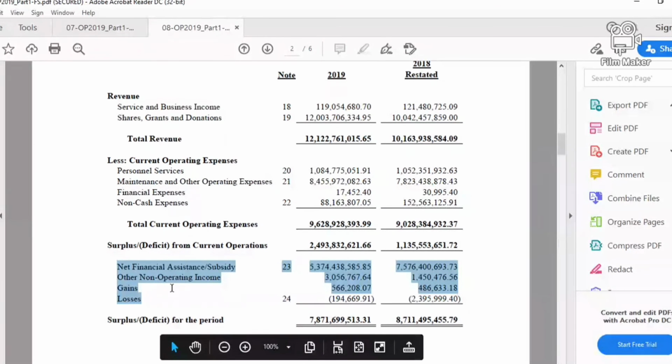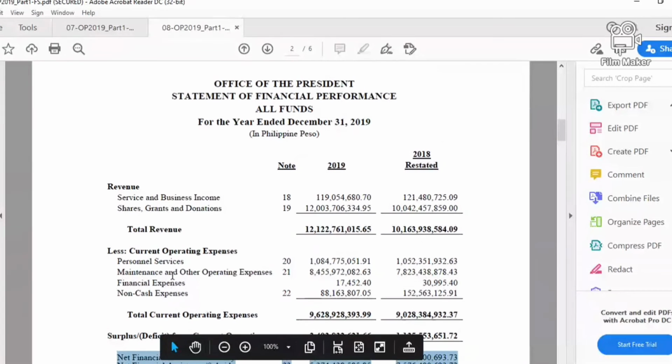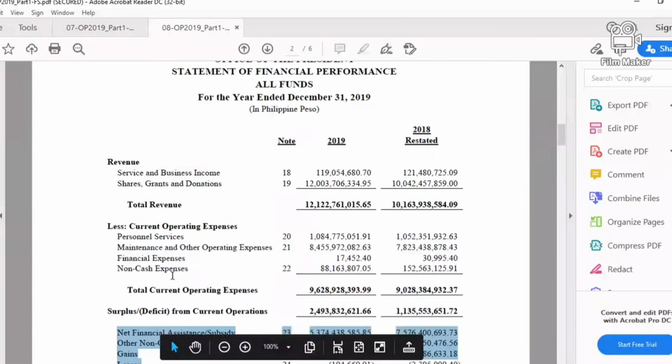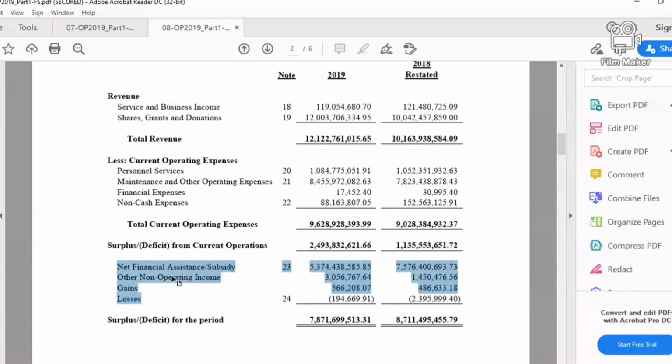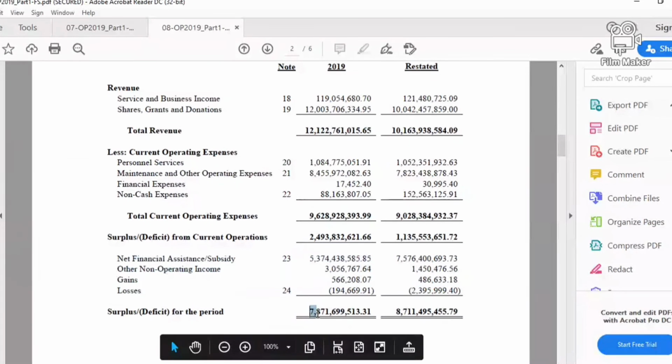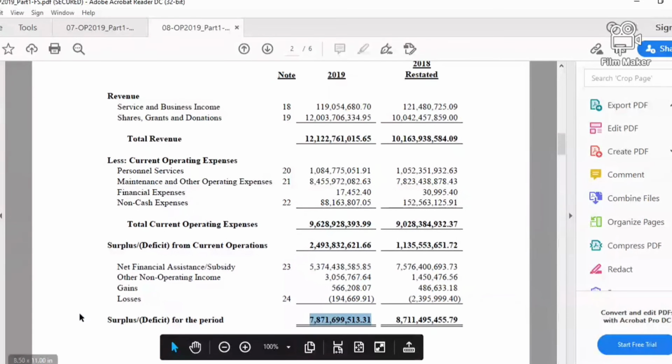Okay? So, ganito po yung itsura ng statement of financial performance sa government. Ito, dapat mako-cross-refer mo to. Later, makita mo kung saan natin i-cross-refer yan. Ano to? Surplus deficit for the period. Kung private po, ano po ang tawag dito? Net income.